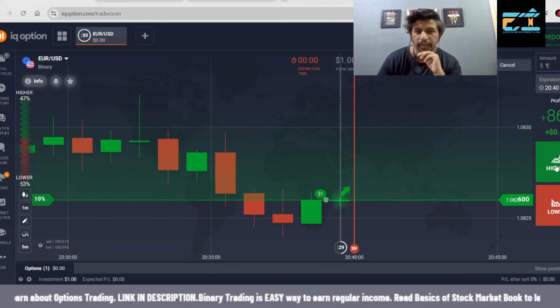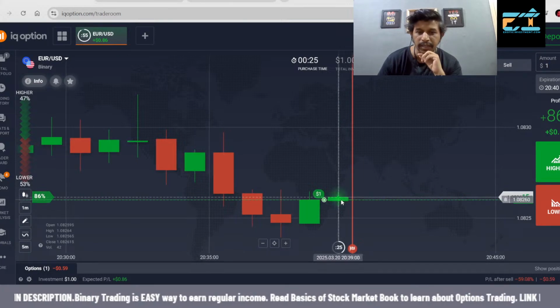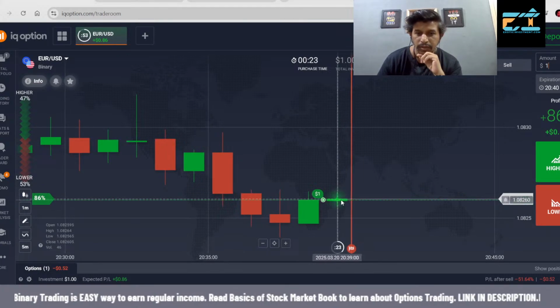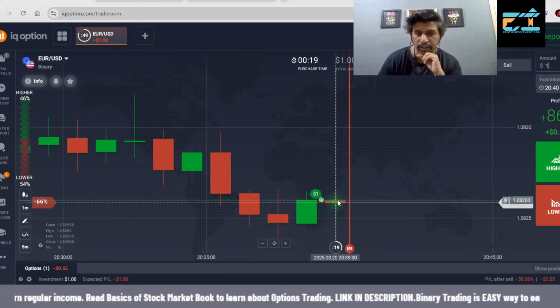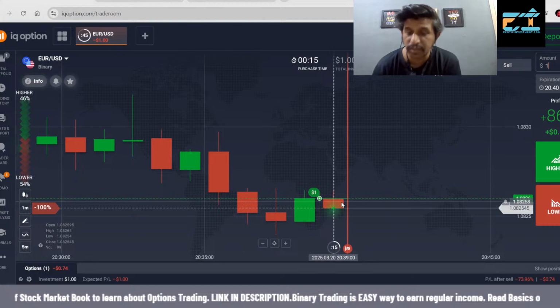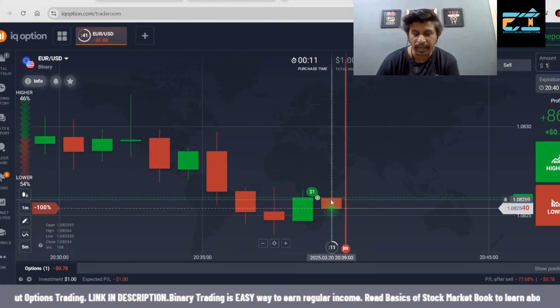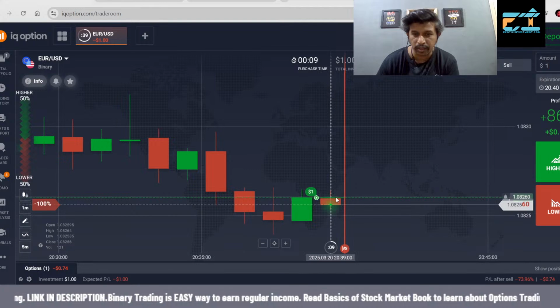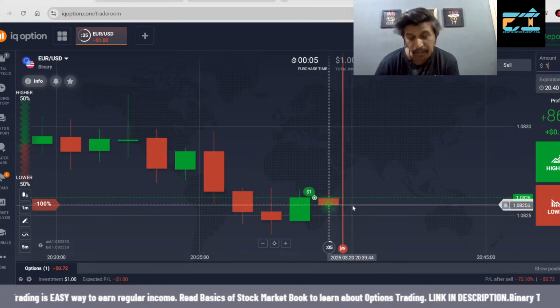I took the trade. So we have to take the trade exactly at 0. Sometimes I had to take the trade here, but I didn't. So that's the fault. We have to take it exactly at the 0 and exactly at the level where it closes. I mean opens.